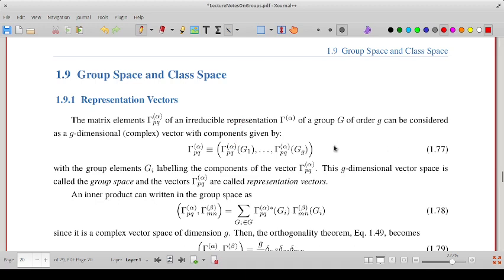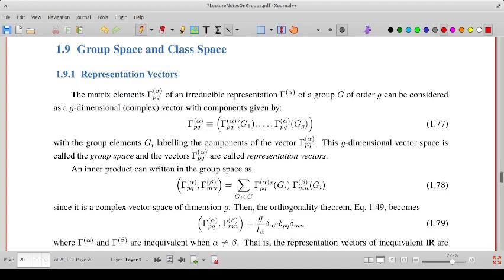So in a complex vector space with elements like this, we can also define an inner product the following way. Gamma^alpha_pq inner product with gamma^beta_mn is equal to the sum over, by the way, the indices for the components of this vector are g_1, g_2, g_3, etc. up to g_g. Or we may also consider these indices as the first one, second one, third one, etc. up to the gth component.